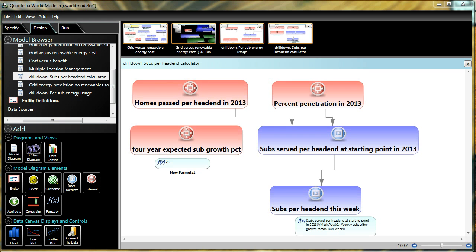This model starts out with just a calculator of the subscribers per head end. We have a simulation where we run a 200-week simulation starting out with a particular set of homes passed, a particular penetration, and then those two numbers grow through a 4-year expected subscriber growth percentage.